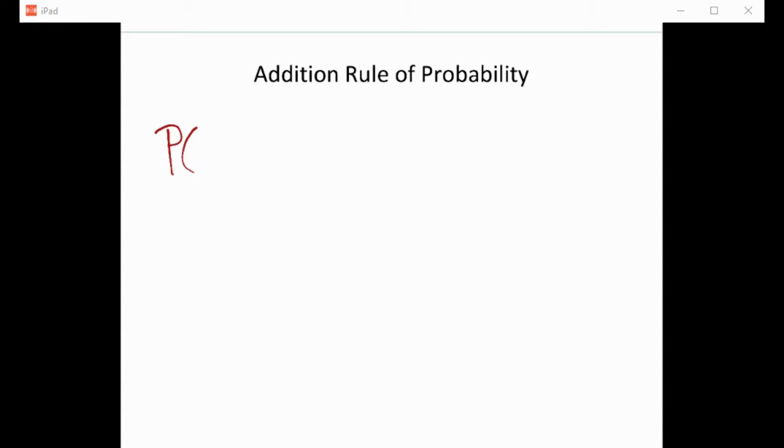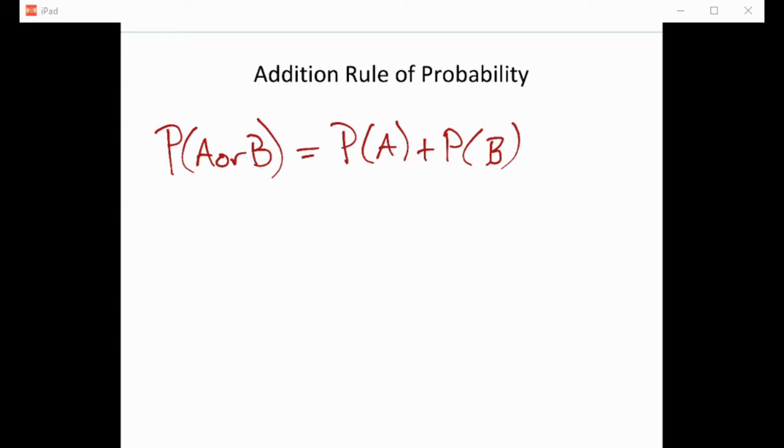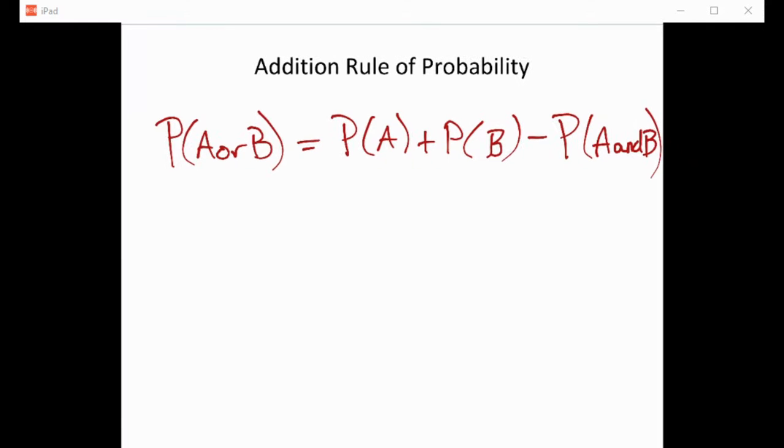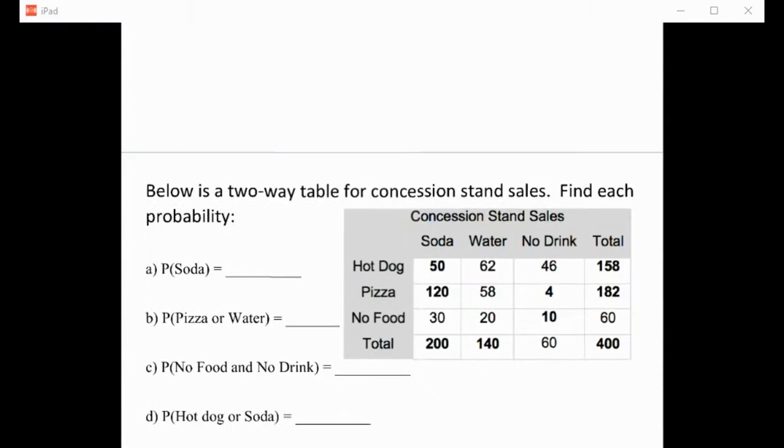So when you are doing probability of A or B, you're adding the probability of A plus the probability of B. But if they overlap at all, you have essentially added where they overlap twice, so you have to subtract the probability of A and B. So that'll make more sense with this.